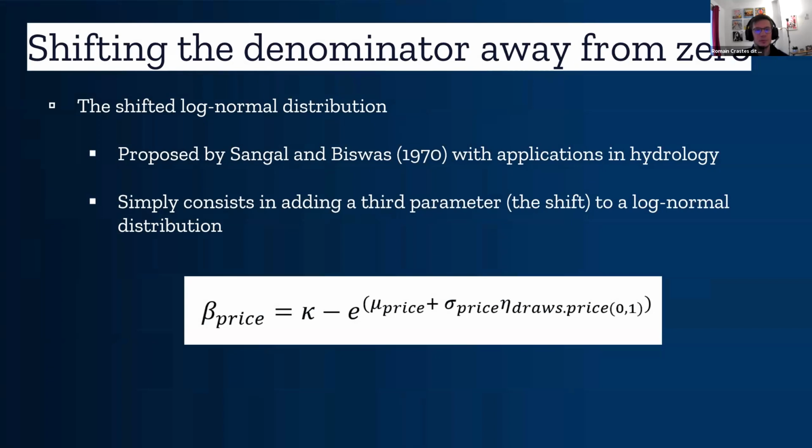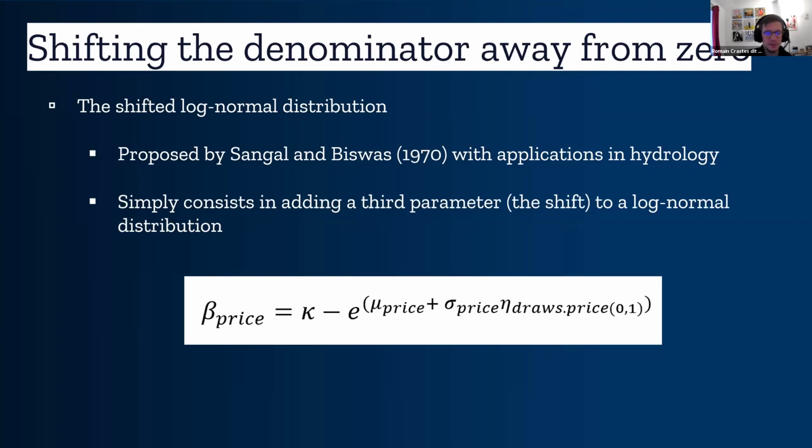And more precisely, this is an attempt in preference space to shift the denominator of the willingness to pay ratio away from 0. This isn't a distribution that has received much attention in the choice modeling literature. This was originally proposed, as far as I found, by Sangal and Biswas in 1970, but with application in hydrology to model, I think, something related to floods, actually.